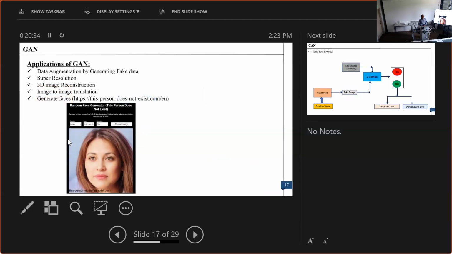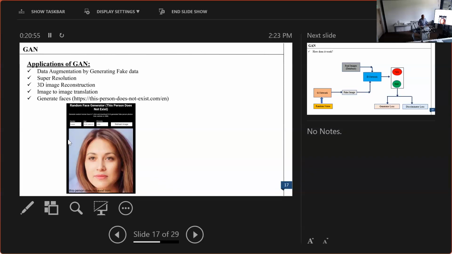We can see GAN in several applications as well. For example, in data augmentation. As we know, to train your deep learning model, you have to have sufficient data. In some applications, we don't have sufficient data.